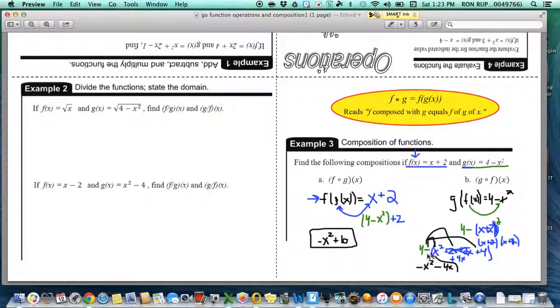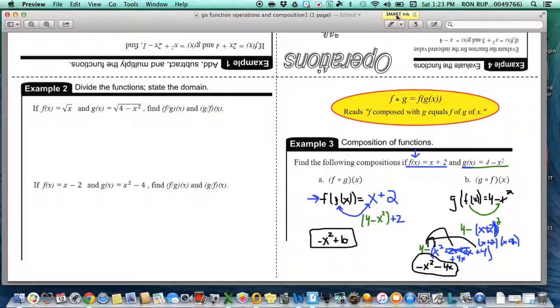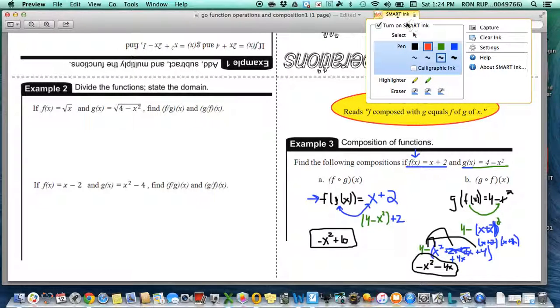If you want to check your work, because all of you are great students, pick a number and first plug it into the first function, and then take that answer and plug it into the second. My example is we're going to use the number 2.